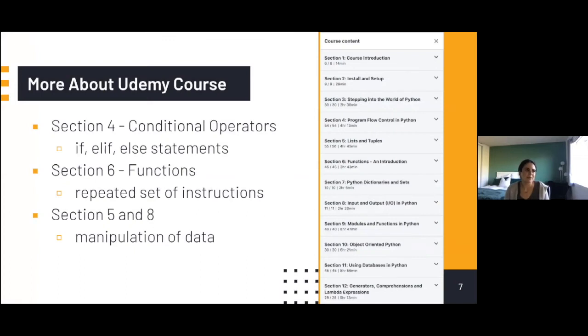So a little more about the Udemy course that I took. As you can see on the right-hand side, it's all the topics that I've completed. And I do want to highlight some of them specifically because they really apply to what I do as a chemical engineering student, and I've already used MATLAB for these topics. So conditional operators, these are if, elif, else statements.